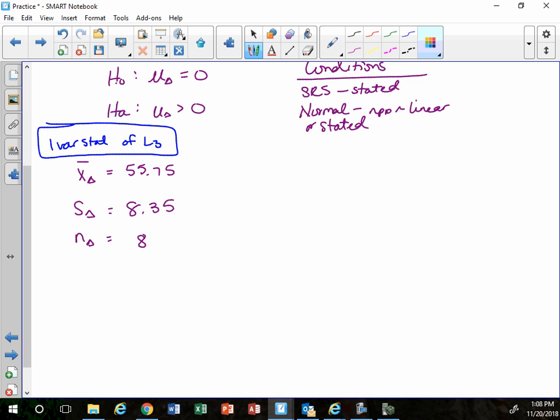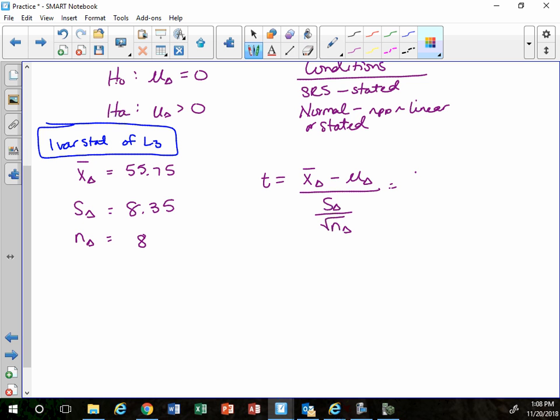So I need to find my t. Here's that formula. Looks a lot like what we did last week, only there's a lot of deltas going on in there. You've already found the difference, so you're not going to have the subtraction of two things going on. That's the difference here with matched pairs.